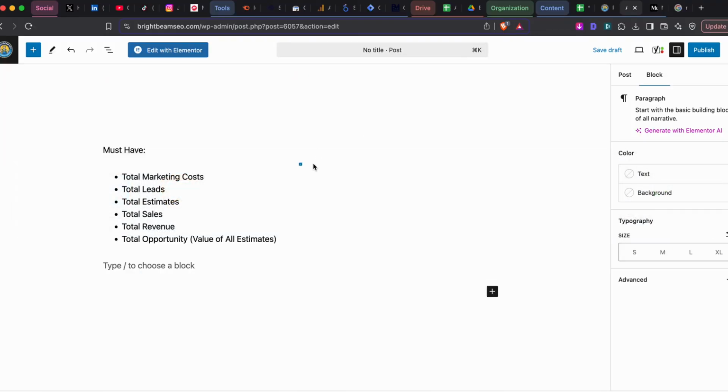So here is initially what you need to be tracking as a business in order for us to get these metrics. You need to know your total marketing costs, total leads, total estimates, total number of sales, total revenue, and then total opportunity, which is the value of all estimates, total revenue being the value of all sales.